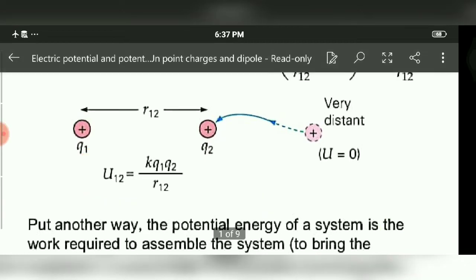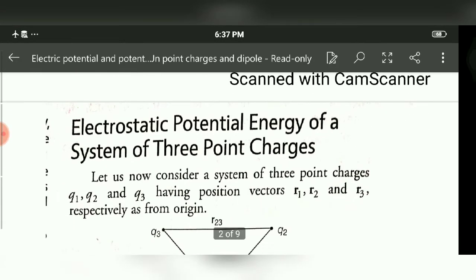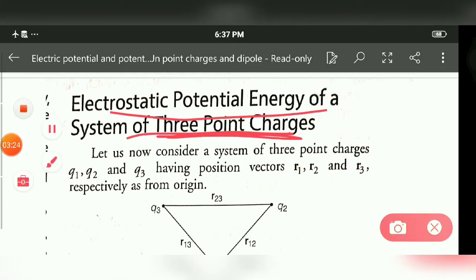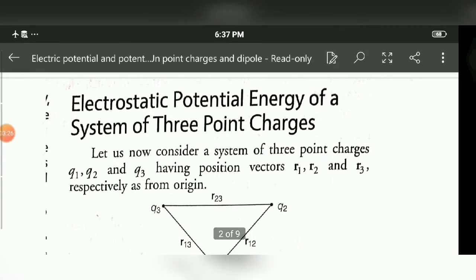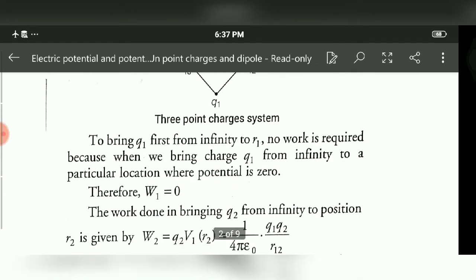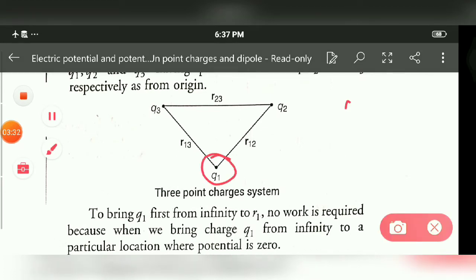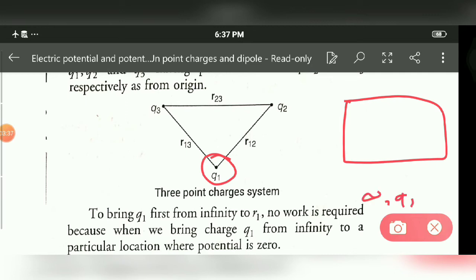Now for the three or four charge system, first we consider the electric potential energy for three point charges. First of all, we want to bring charge q1 from infinity, where there is no charge initially; q2 and q3 are also at infinity.